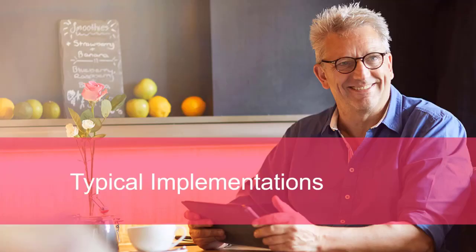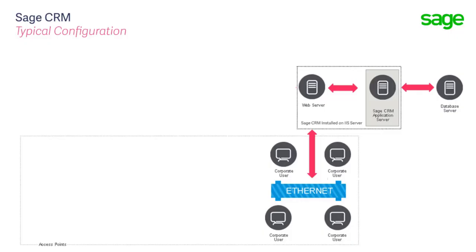Okay. Now, we're running towards the end of what I wanted to talk about, but I wanted to step back. I've talked about the architecture, and I've talked about the different broad options for deployment. Let's have a look at some of the specifics in terms of implementations and what we need to think about.